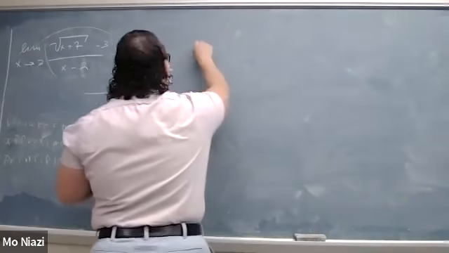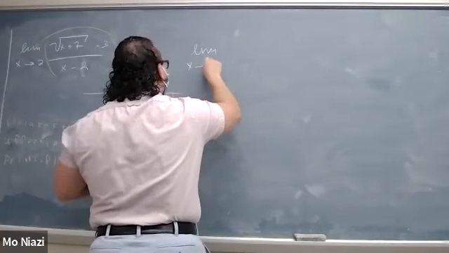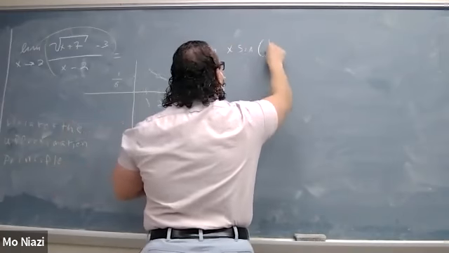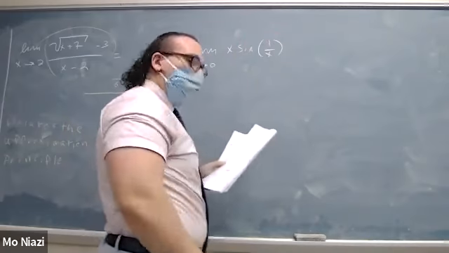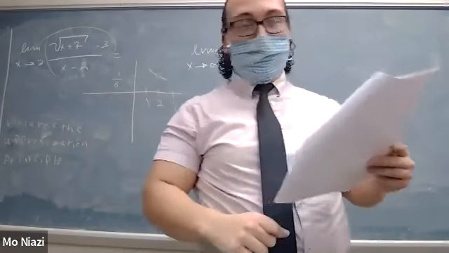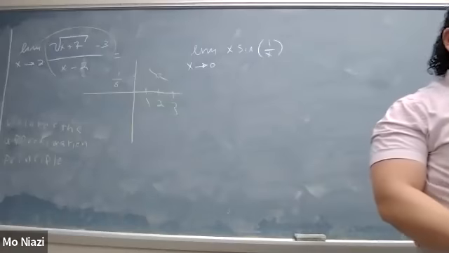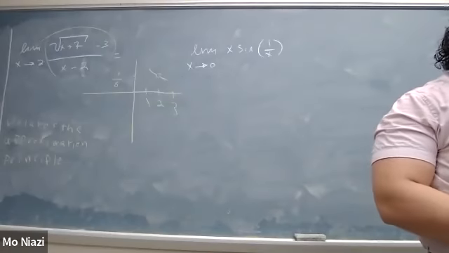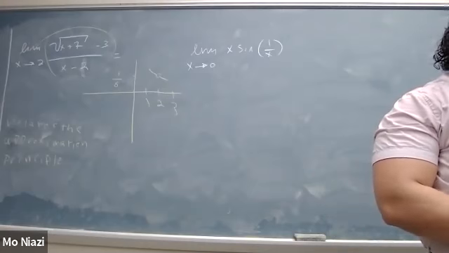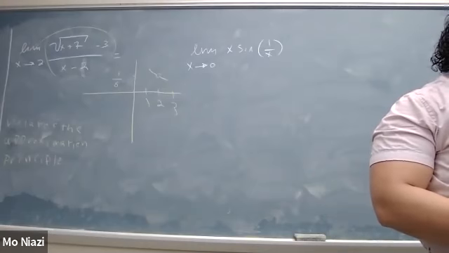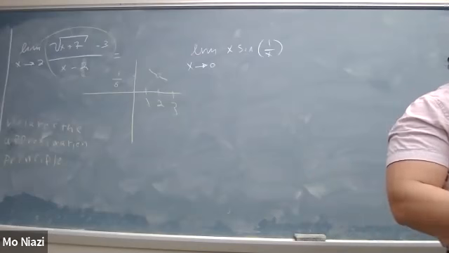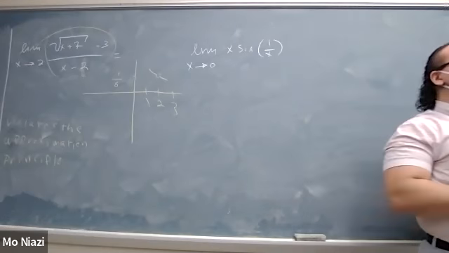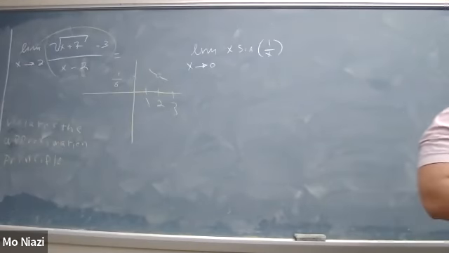Let's do another one. This is going to be fun. The limit as x approaches 0 of x sine of 1 over x. What is this? And doing this section might take 2 full class periods, and I don't mind that because this is the most important section of this whole class.